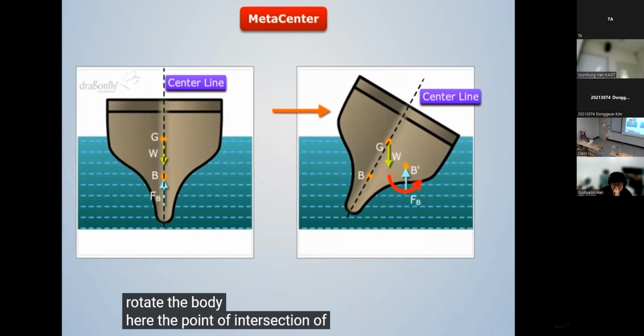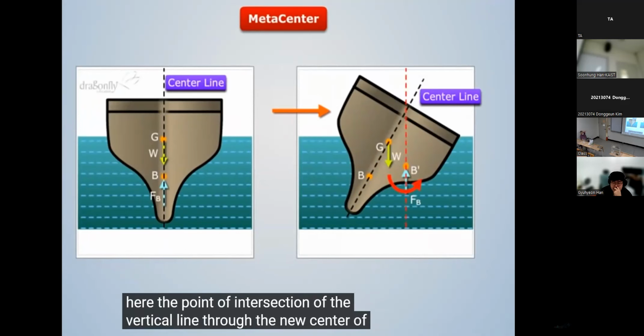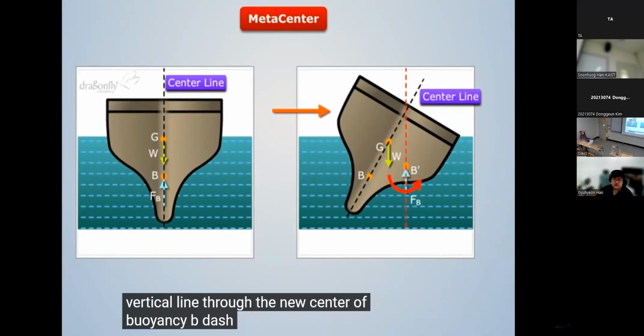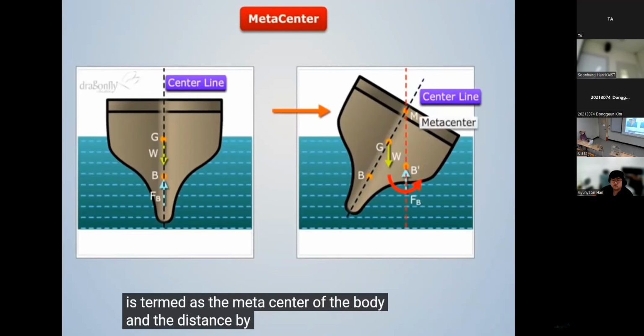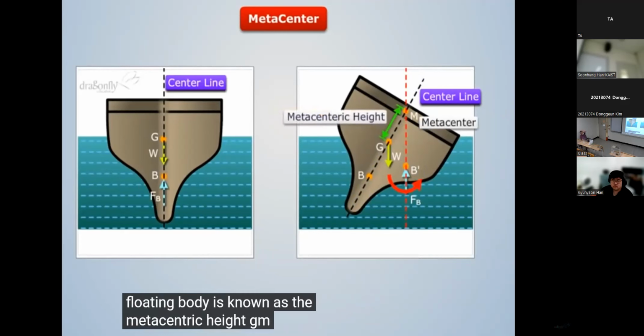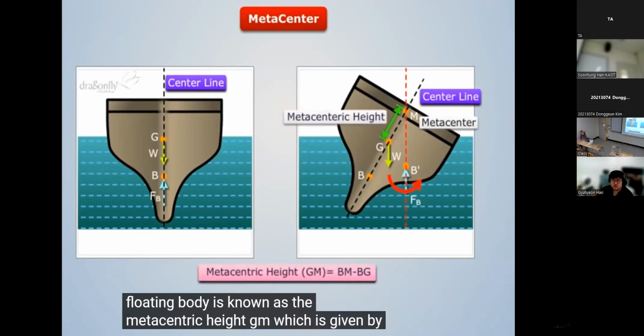Here, the point of intersection of the vertical line through the new center of buoyancy B dash and the center line BG is termed the metacenter of the body, and the distance by which the metacenter lies above the center of gravity of a floating body is known as the metacentric height, GM, which is given by.